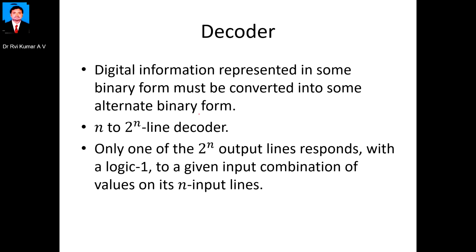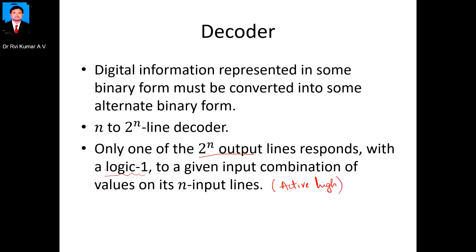Here only one of the 2 power n output lines responds with logic 1 to a given input combination of values on its n input lines. So with n input combinations we have 2 power n output lines, and only one line will respond as logic 1. Remember, the output of this decoder is active high.